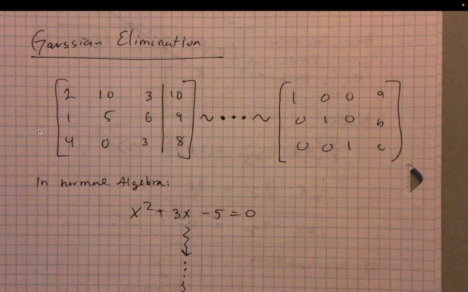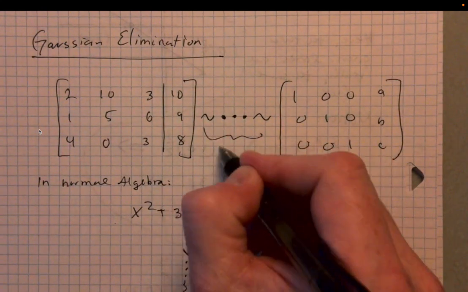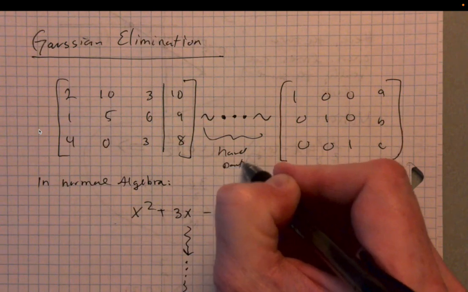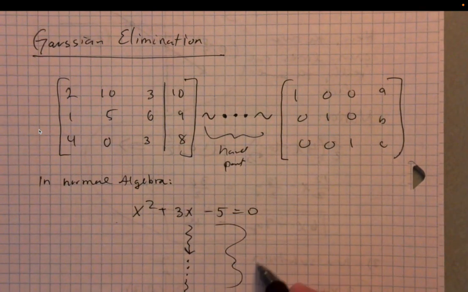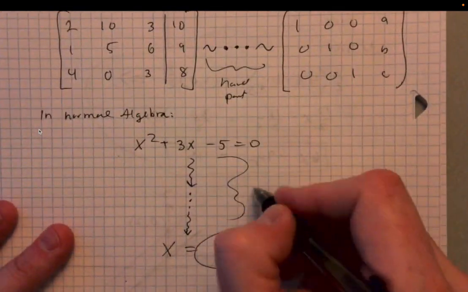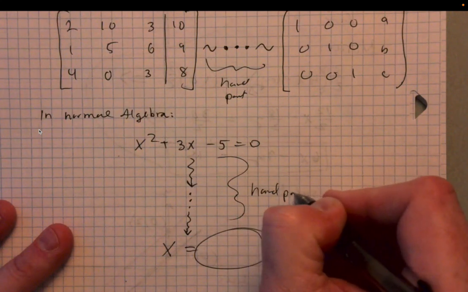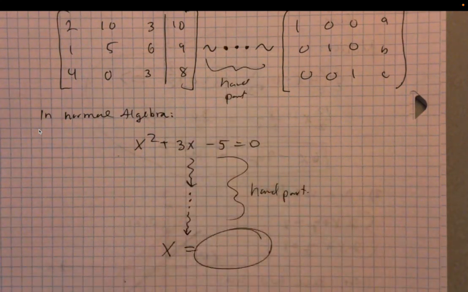Obviously, the hard part of Gaussian elimination is all the stuff in the middle. Same with regular algebra: the hard part is all of the algebra. So let's talk through what we mean by this hard part.